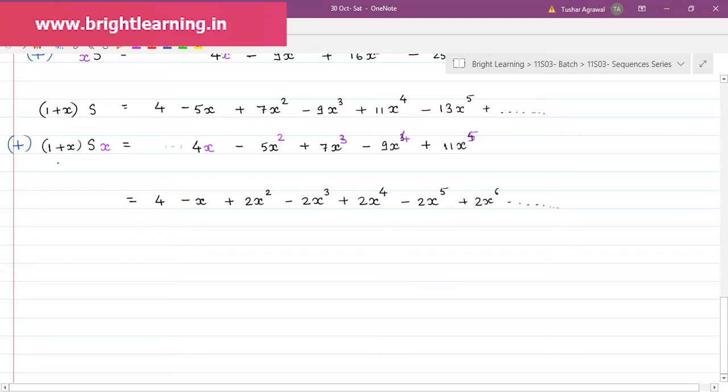And on the LHS what will it be? On the LHS, can you see this part, 1 plus x into s and 1 plus x into s multiplied by x. So 1 plus x multiplied by s I can take as common. You have to do addition only, no?